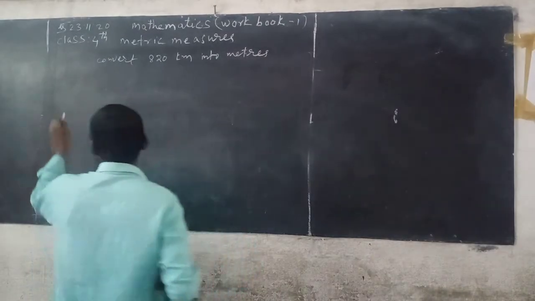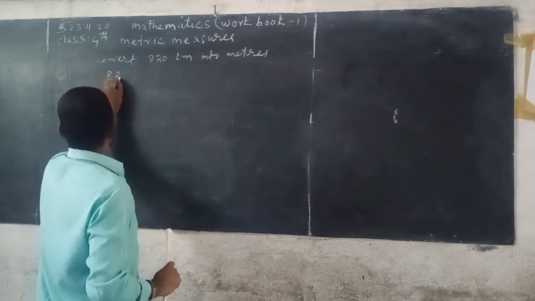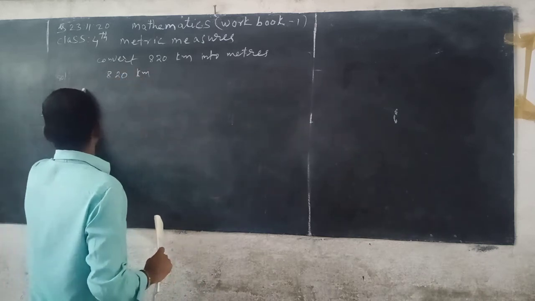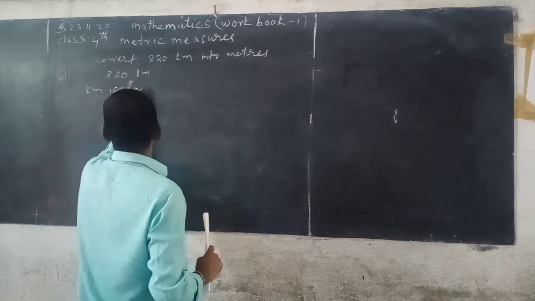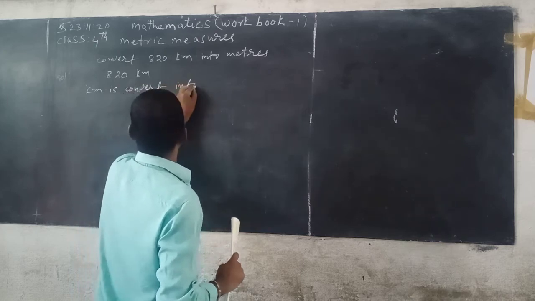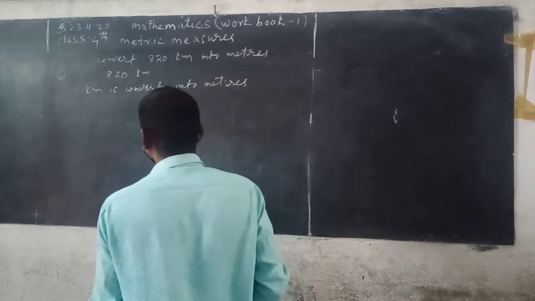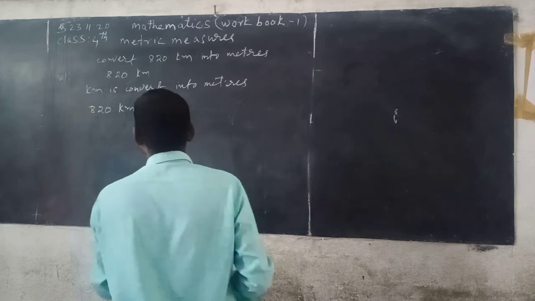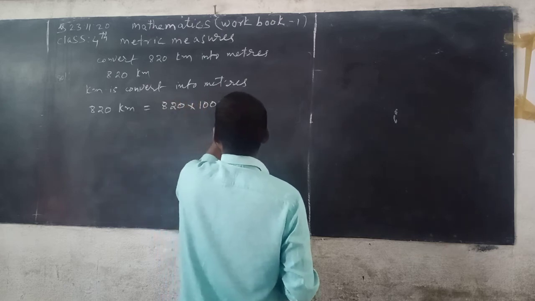Now here, solution. 820 kilometer. Kilometer is converted into meters. See here, 820 kilometer is equal to 820 into 1000 meters.